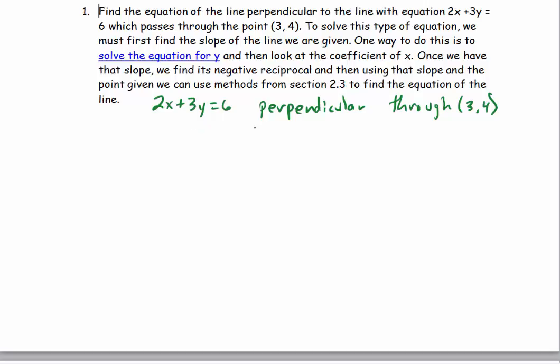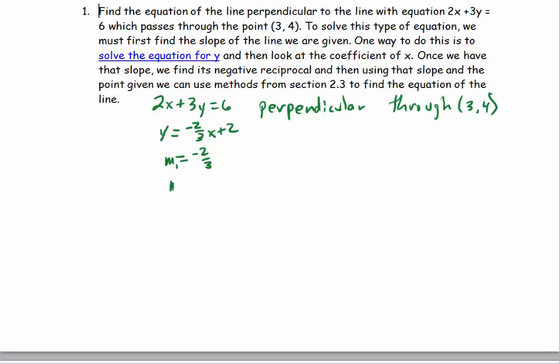So remember, with parallel, what we did is we found the equation of this line in slope-intercept form. And we said that was negative 2/3 x plus 2. So we said the slope of this line is negative 2/3. We called that m1.